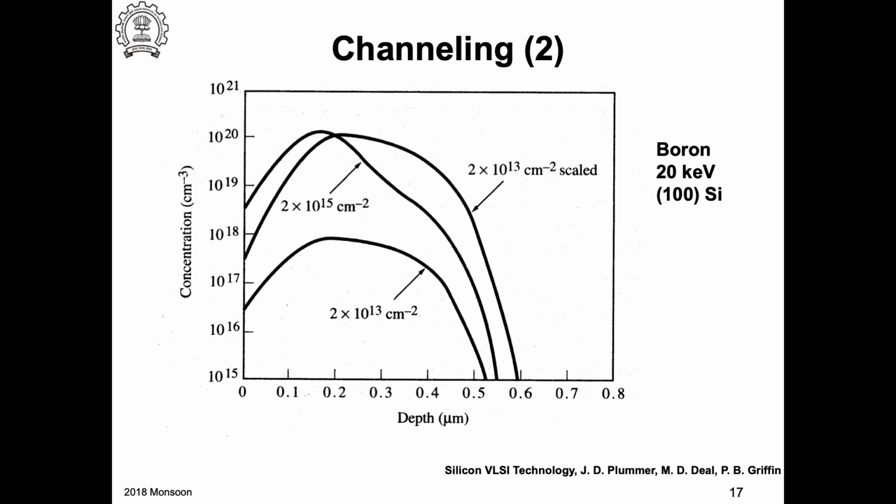Okay? So obviously, the higher the dose, you get this going deeper. But then you look at the shape of things. Okay? And so this one is more flat, right?